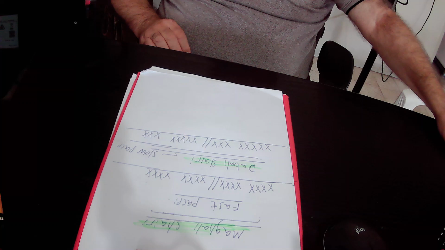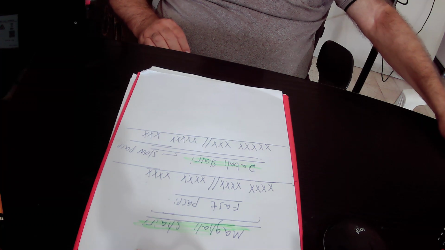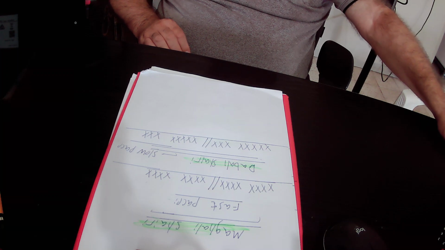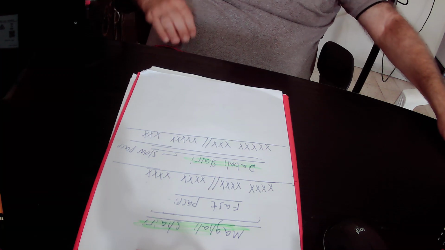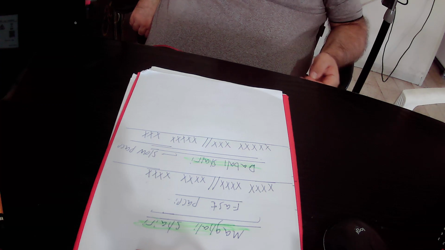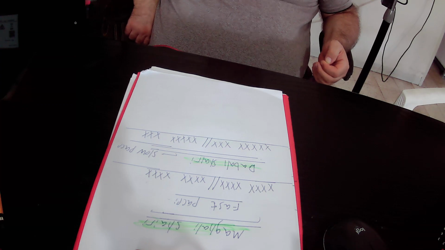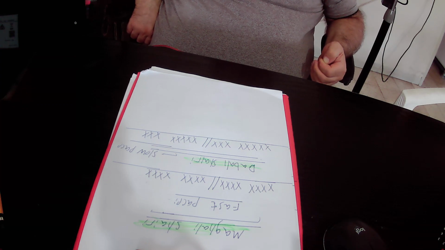Okay, so in order to clarify those things, I present to you a couple of examples, and I forgot to mention another characteristic that we have in this great poem.